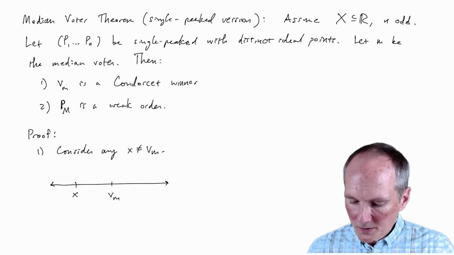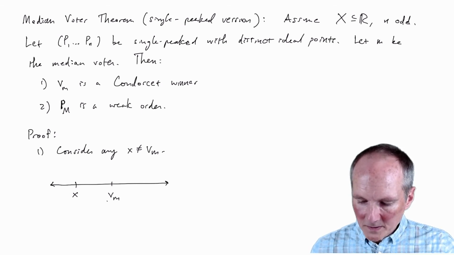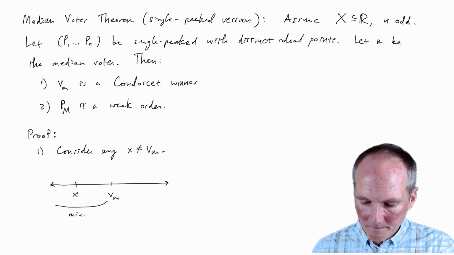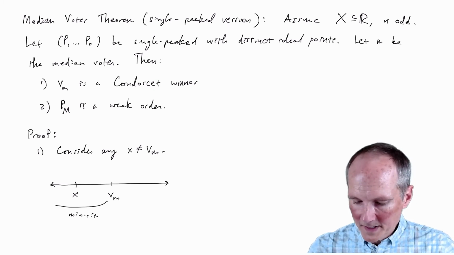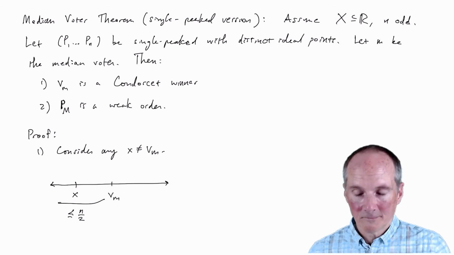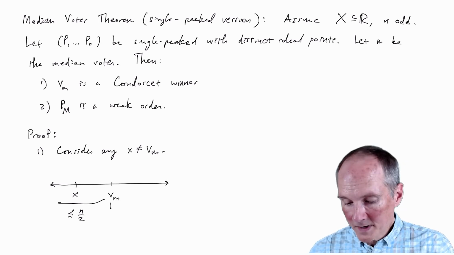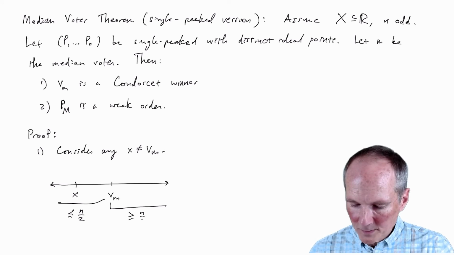All right, so by definition, if we look at the voters to the left of the median voter, that's a minority. In fact, I should say, there is not a majority of voters to the left. So that means if we look at the other guys, so the median voter and anyone to the right, there's at least n over 2 of them.